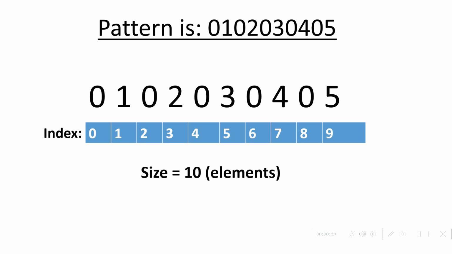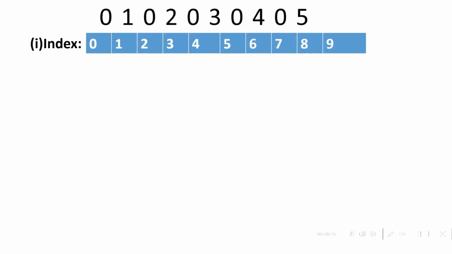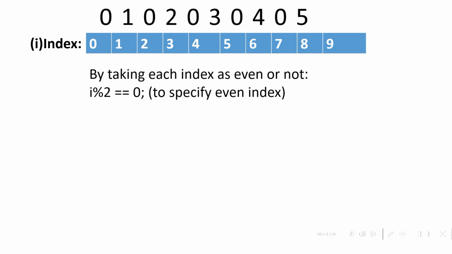Now let's move on to the logic. Consider the index as i. Each i is the index and each ith element is its value. The element for index 0 is 0, for the first index is 1, and for the second index is 0. Up to the 9th index the value is 5. In order to find out the logic, let's split it into even and odd indexes.